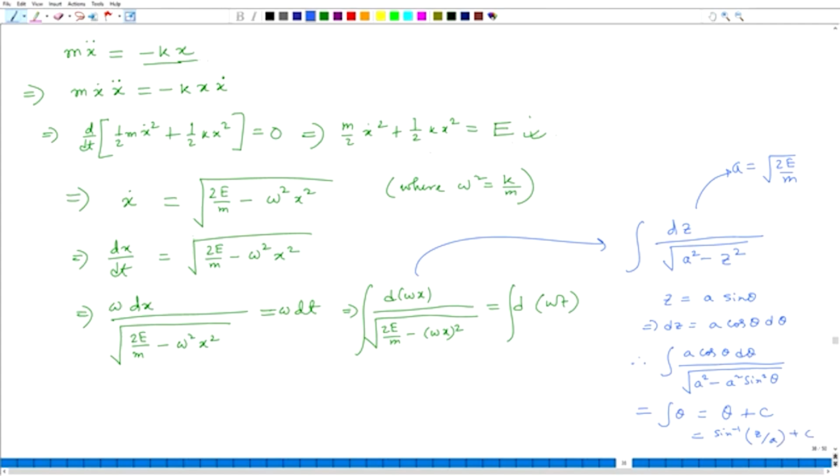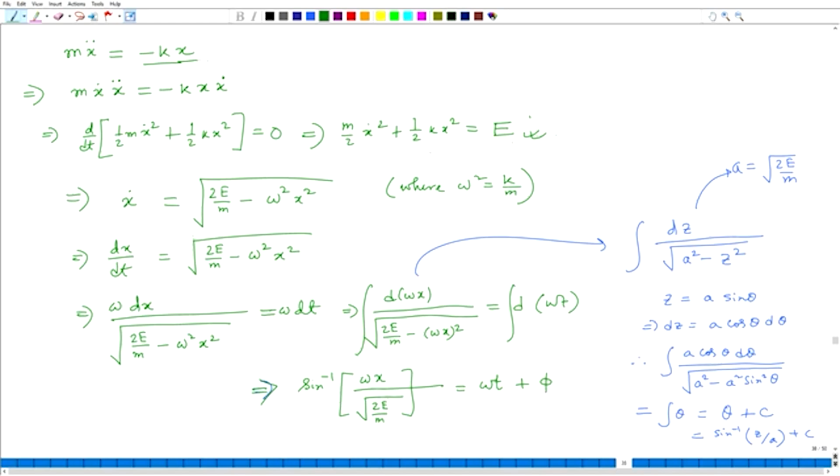I can do the same thing over here, and clearly write this is nothing but sine inverse of omega x by root 2E by m is equal to omega t plus phi. Phi is an arbitrary constant of integration. Okay.